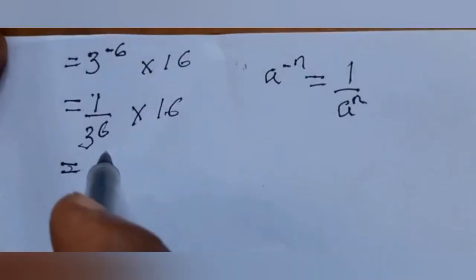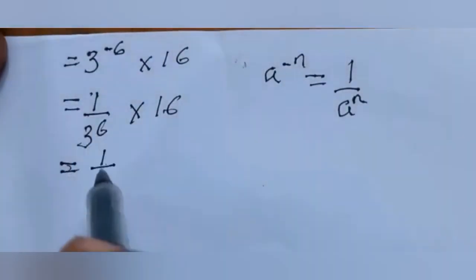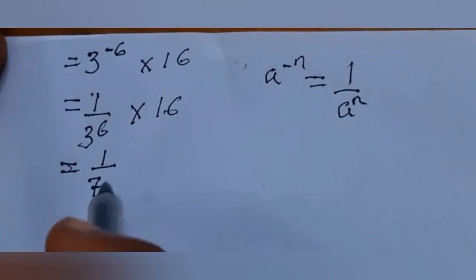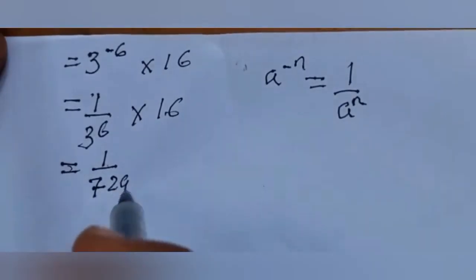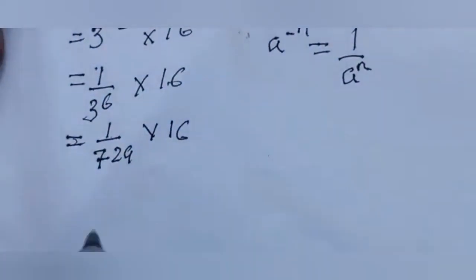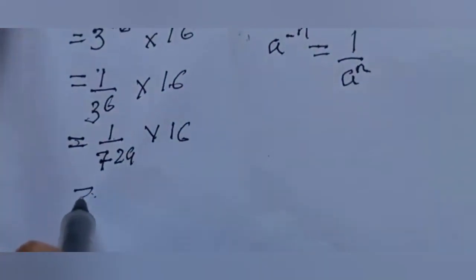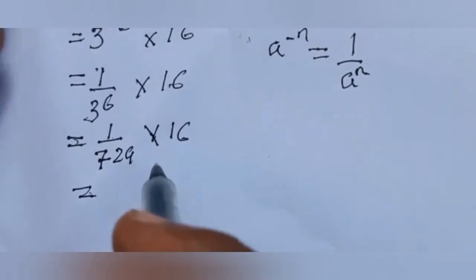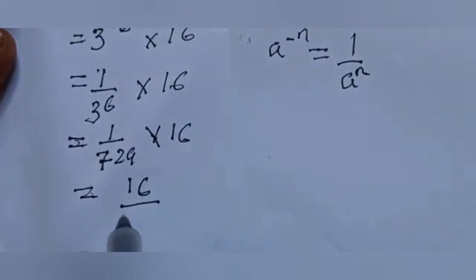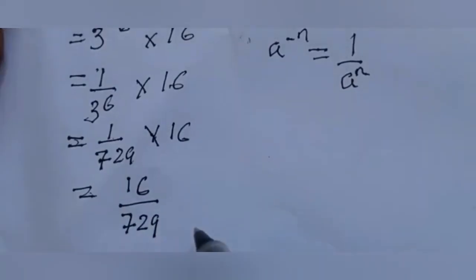We know 3 power 6 is 729 times 16. So here we get 16 over 729. This is our answer.